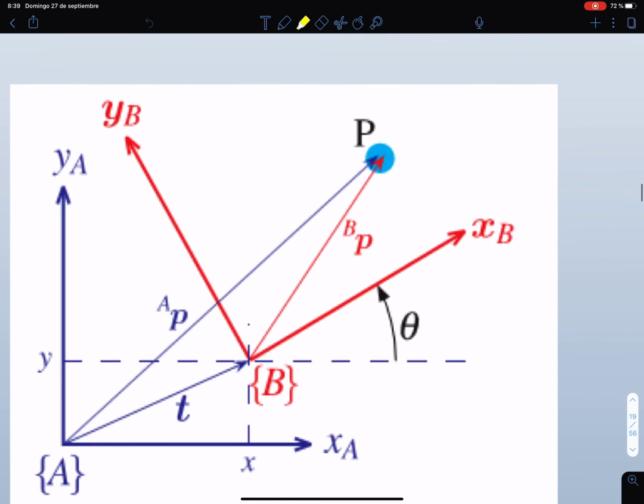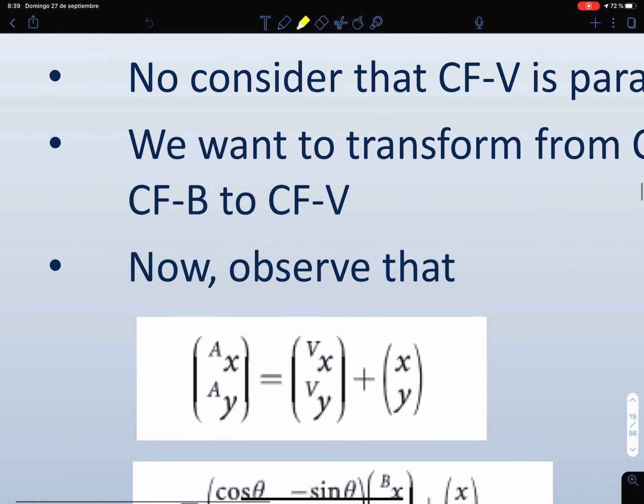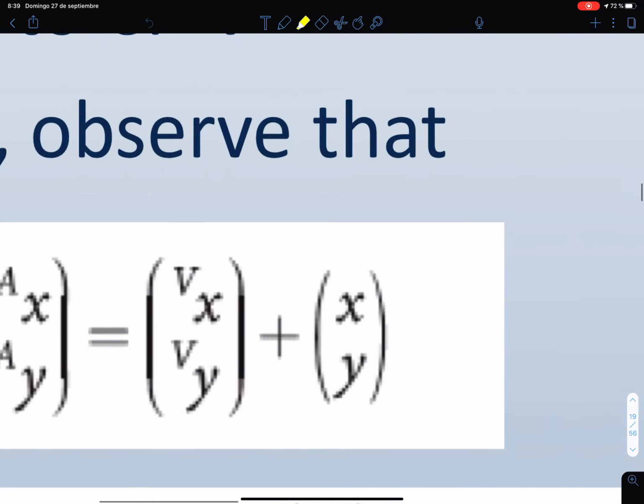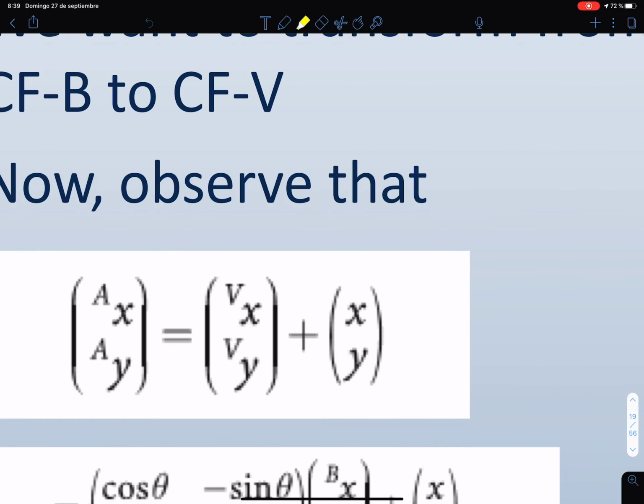Okay, well. And now let's go back to the general framework, okay? So we are looking for a coordinate change from B frame to A frame. And in reality, A frame does not have the same origin as B, so we have just made a partial coordinate change. We have to complete it by adding to the coordinates expressed in the V frame the x, y coordinates of the t vector.